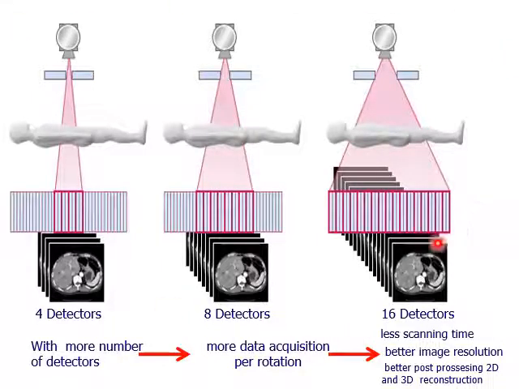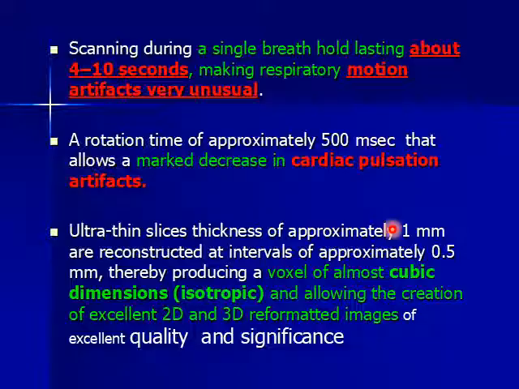Add to this also, as we increase the number of detectors or slices, the radiation dose to the targeted area also decreases. Multi-detector CT allowed us to scan the whole chest in a single breath hold in about 4 to 10 seconds, making respiratory motion artifacts very unusual.